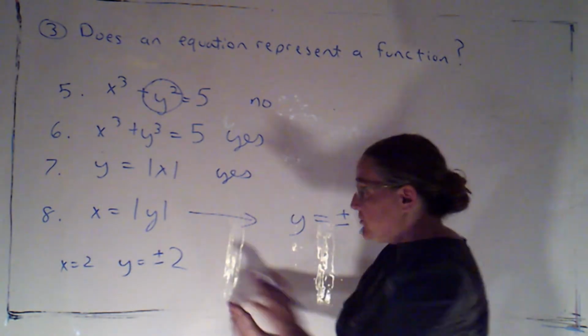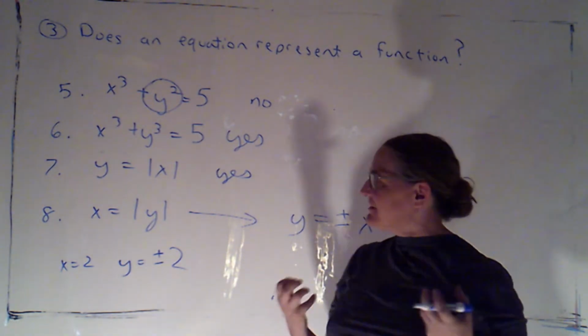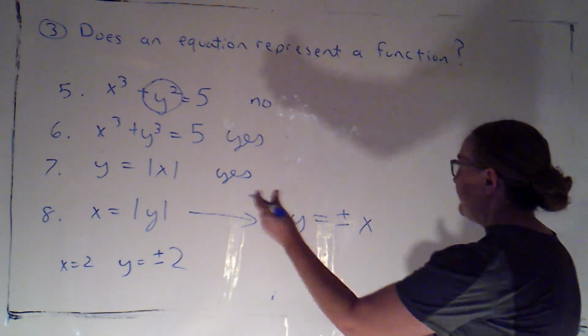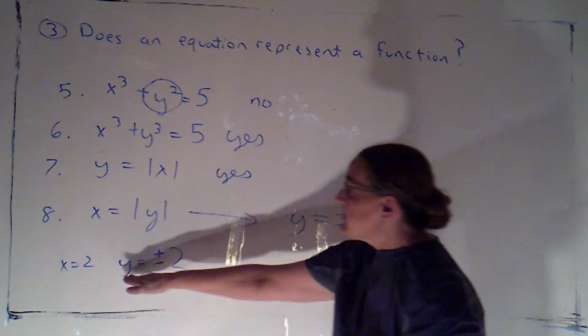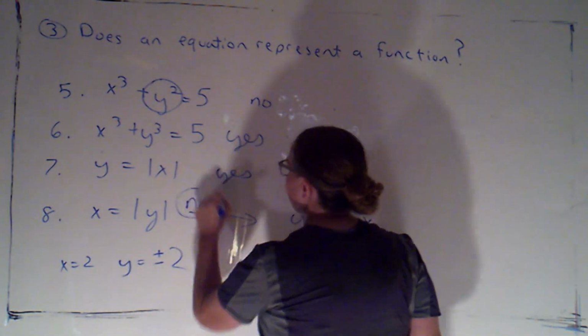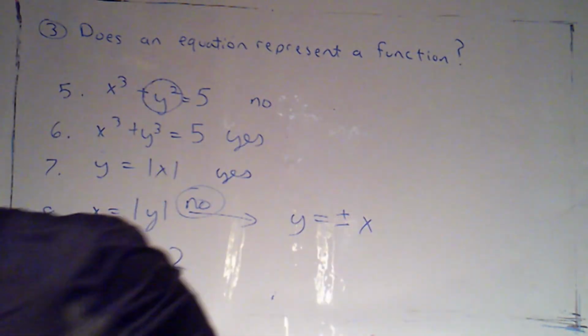So the absolute value does put some restrictions on the domain. X, since it's equal to the absolute value of something, can't be a negative number. But if x is in the domain, and if it's a positive number, there are going to be two y's that go with that. So the answer is no, this one is not a function.